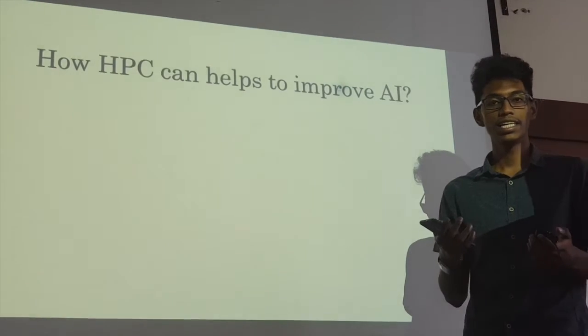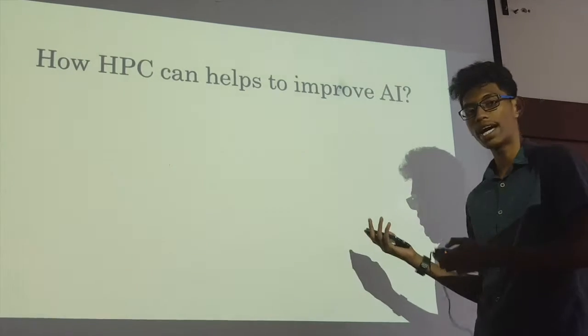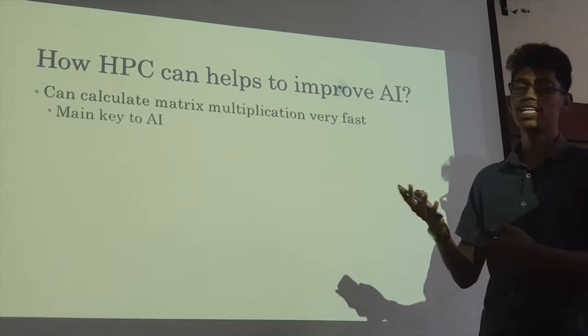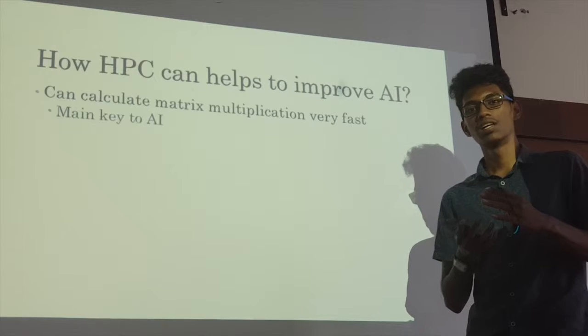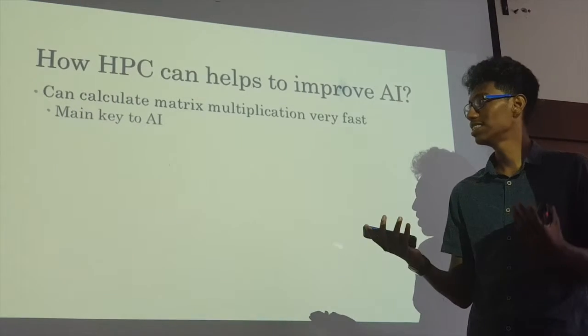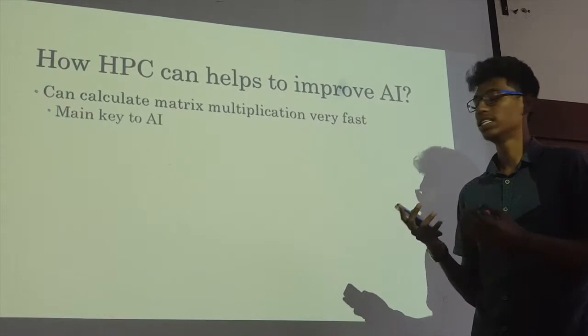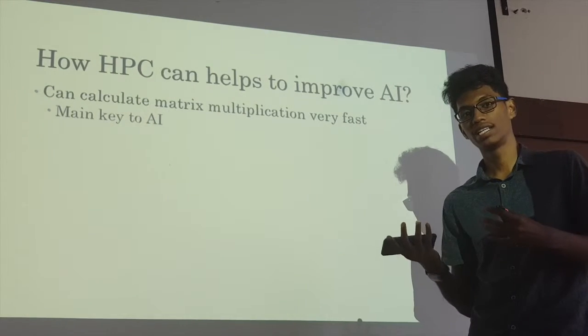So how does HPC improve AI? First of all, it can calculate matrix multiplication very fast. How can matrix multiplication improve AI?